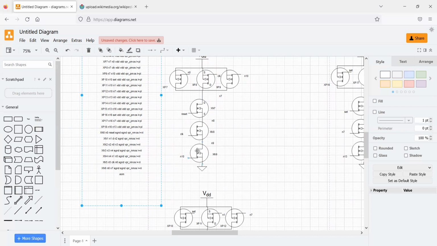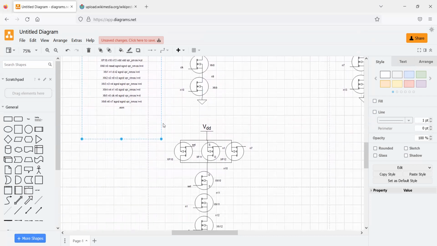Okay, so let's finish them quickly. So we have XN7, reset, N8, XN8, N8, clock, N9. Then we have XN9, N9, and then ground.